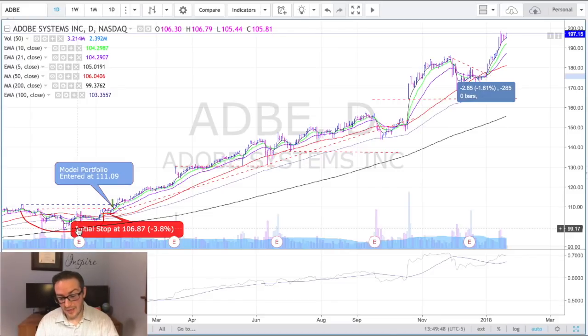And with a stock like this, a huge home run still running, more than pays for every single loss, and a huge reason why we were able to triple the return of the S&P 500 last year. The gain was roughly 60% in the portfolio, for the model portfolio and for myself. So this is what you need to do in order to have those kind of returns.